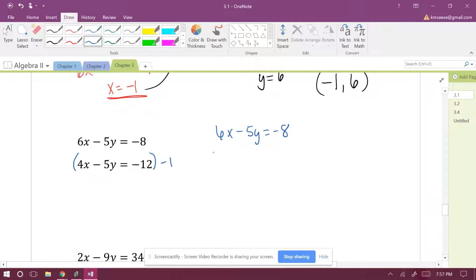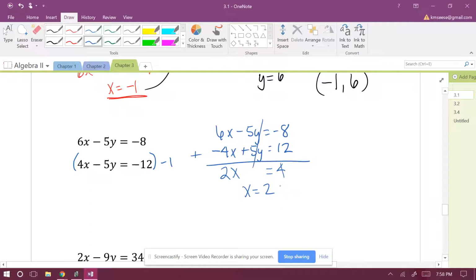My second equation becomes negative 4x plus 5y equals a positive 12. Now, when I add together, my 5y's are going to cancel out. So I have 6x minus 4x, that's 2x. My negative 5y plus positive 5y cancels out. And my negative 8 plus 12 is positive 4. And I come down to x equals 2.